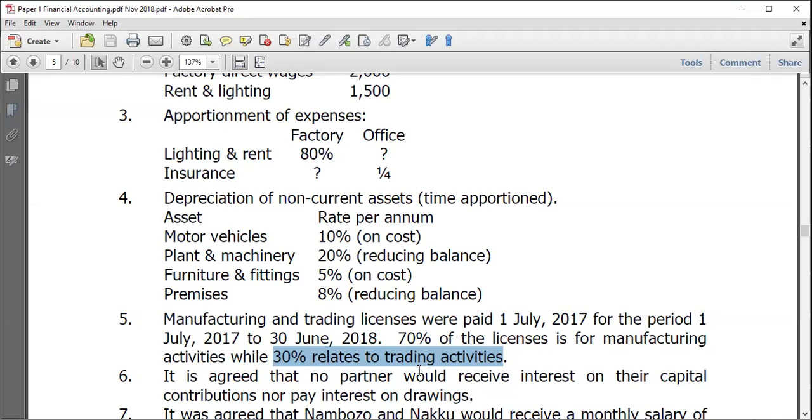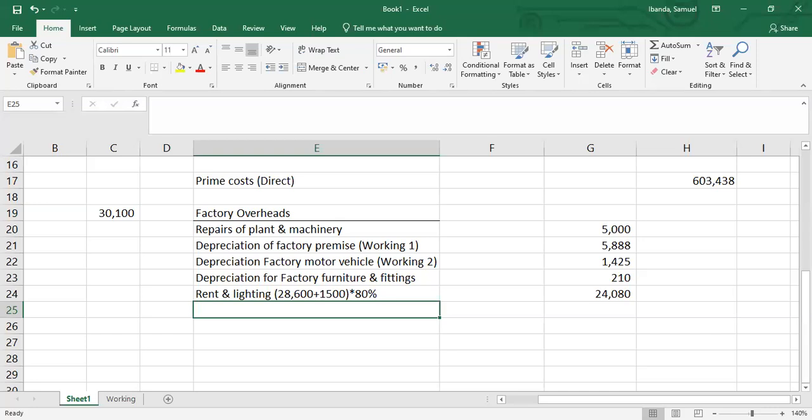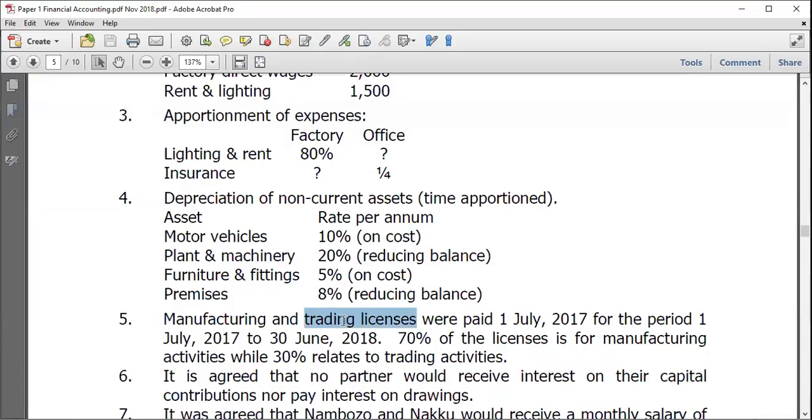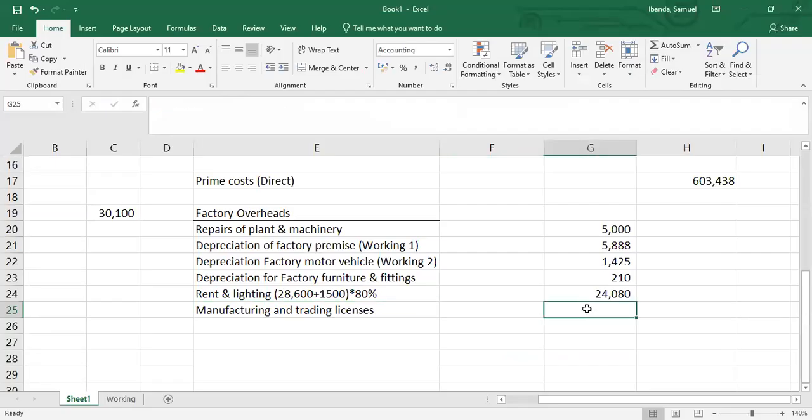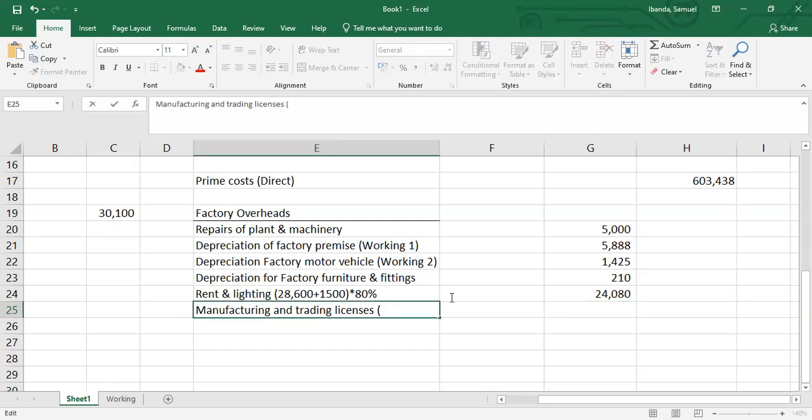So when I'm looking at my manufacturing and trading, let me also work it out from here.